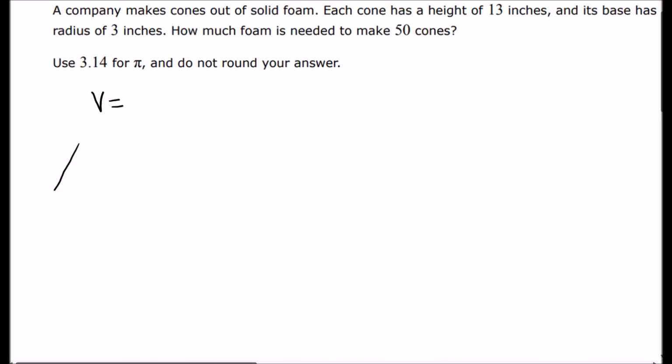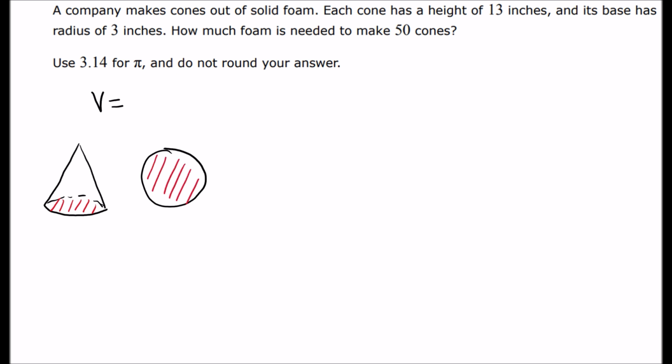All right, so let's take a look at it. We got the shape of a cone right here, and as I mentioned earlier, we got a circle for the base. When I draw the circle out, that's my base.